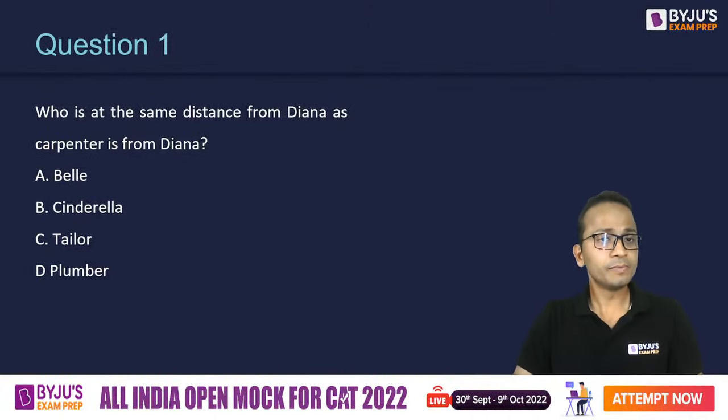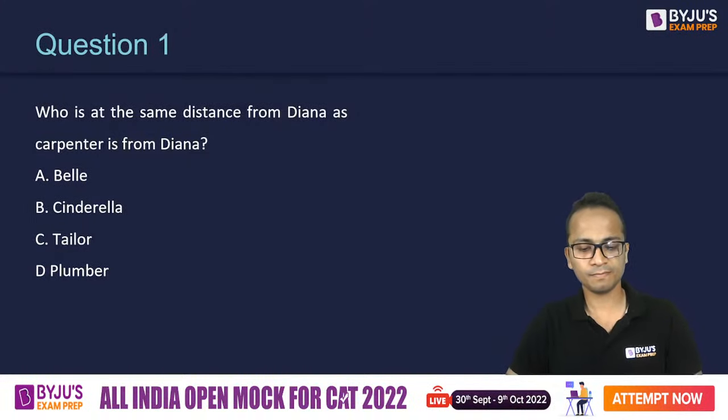All of you together. Question number 1. Who is at the same distance from Diana as carpenter is from Diana? Come on, give me an answer for this one. All of you.